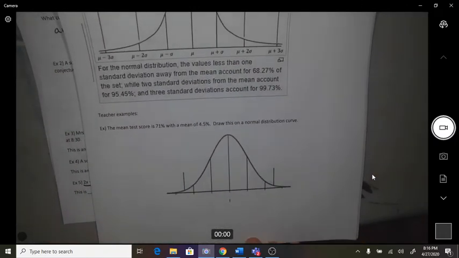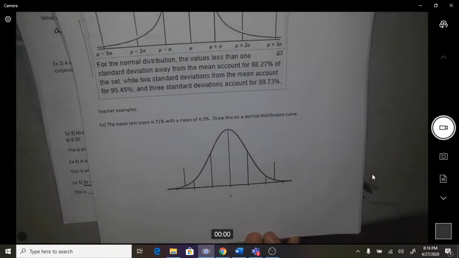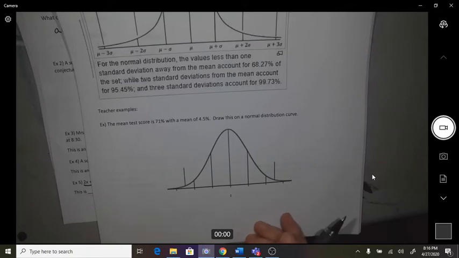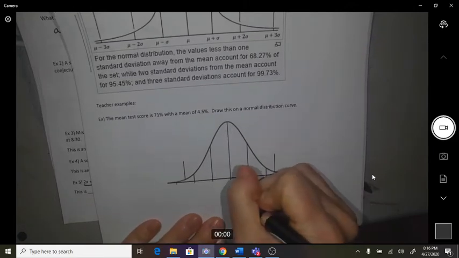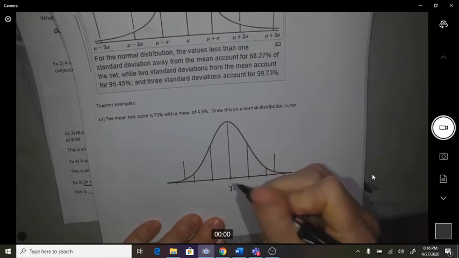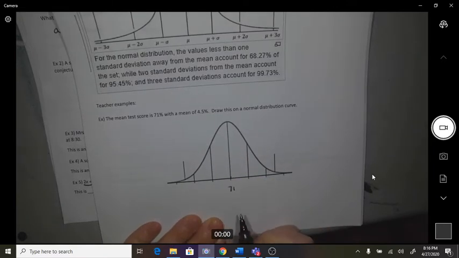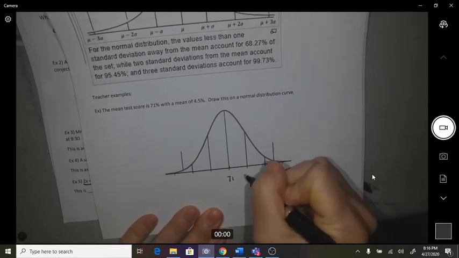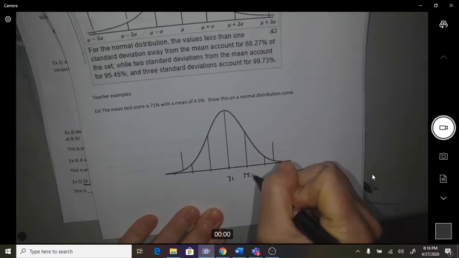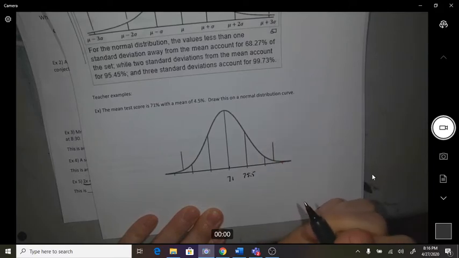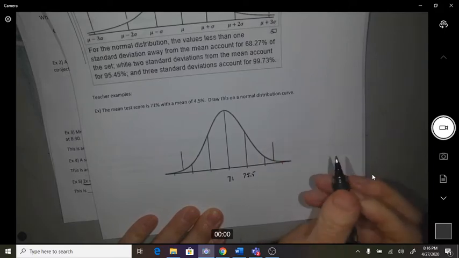Okay, so here's the first example. So you have 71% as your average test score, so that's going to go right there in the middle, and the standard deviation is 4.5. So if you're one standard deviation above, you're 75.5.